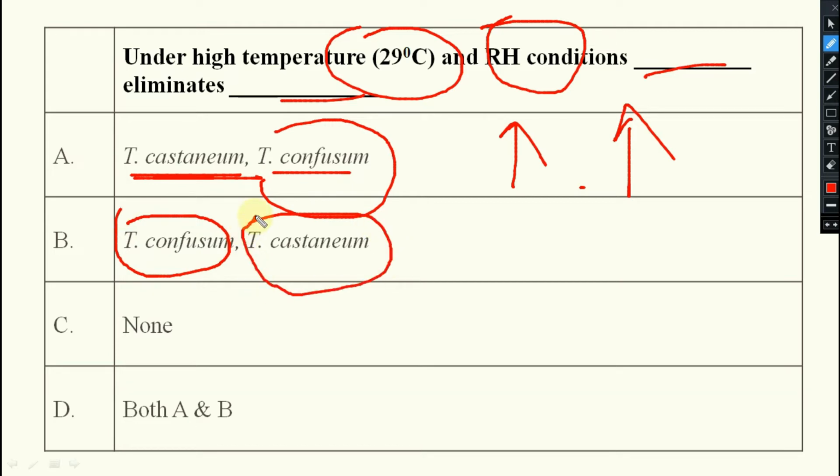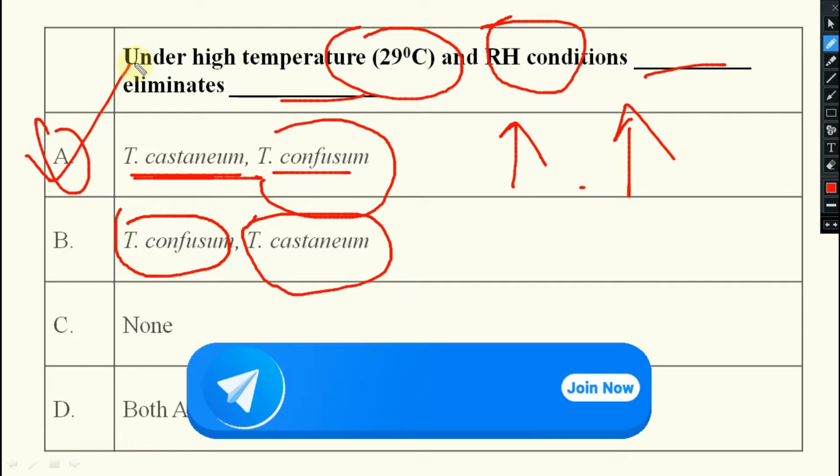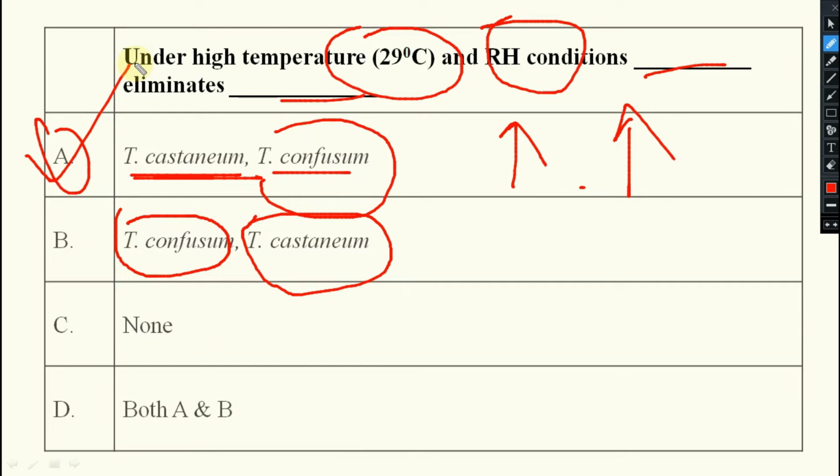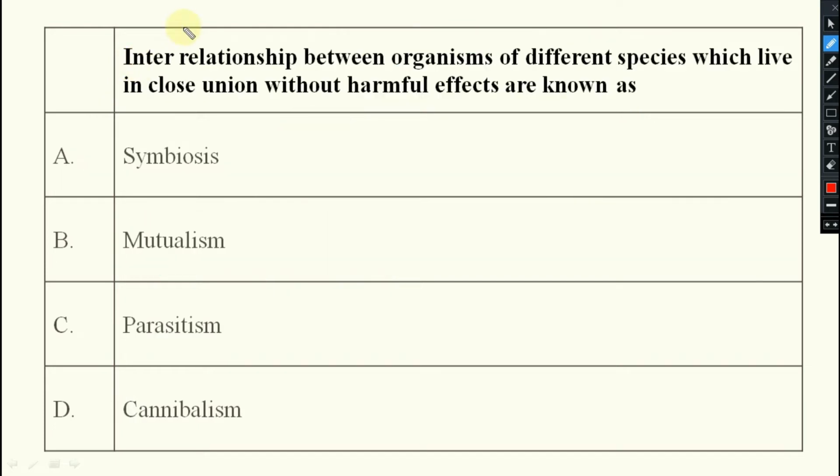What will be the right answer? The right answer is option A. Tribolium castaneum will eliminate confusum. How to remember what I told you in the class? Castaneum, cast, that means hard work, yes or no? So it will succeed. Tribolium castaneum will succeed and confusum will be eliminated.